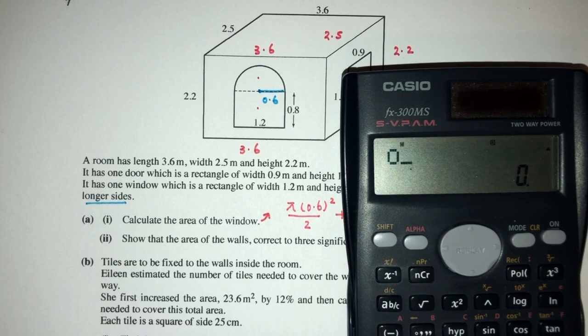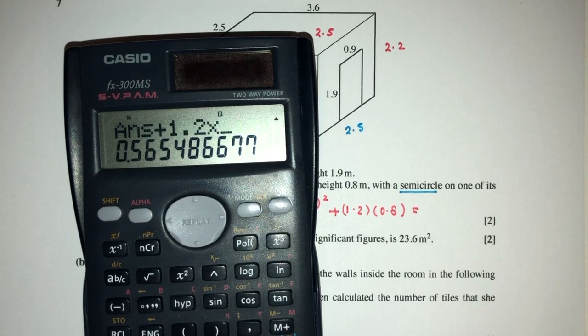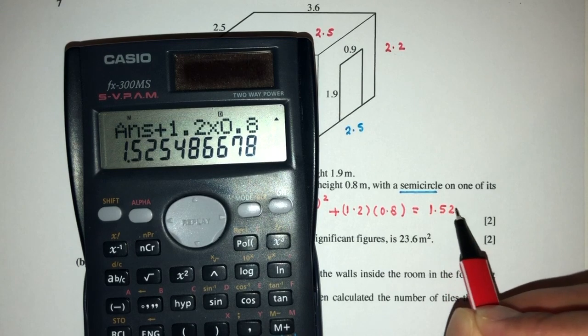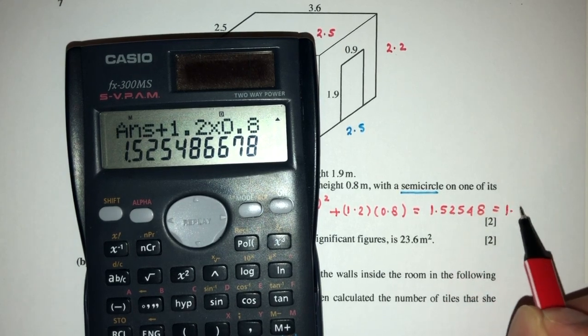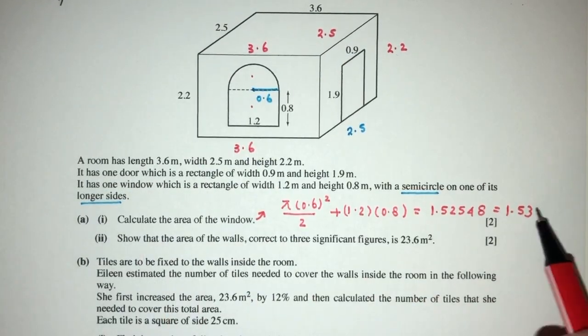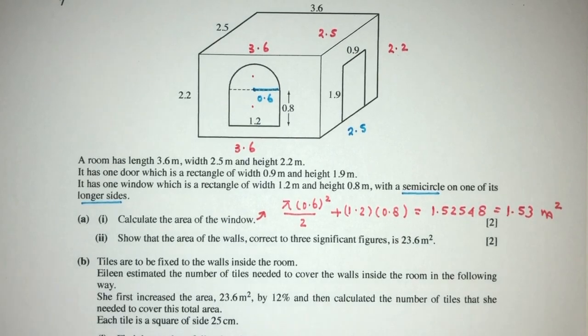So 0.6 squared times pi divided by 2 plus 1.2 times 0.8. That will be 1.52548. Obviously, to 3SF, that will be 1.53 as my answer for the area of the window. That will be in terms of meters squared.